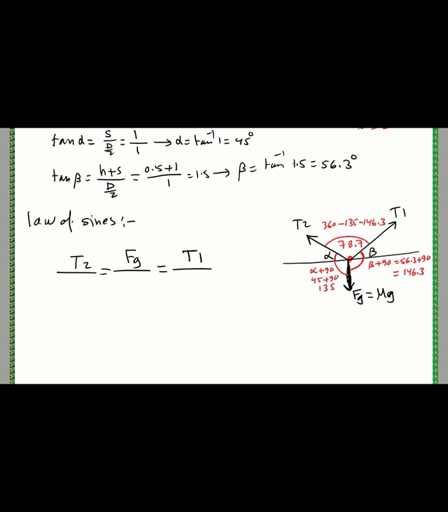So 135 is the opposite to T1. Put here sine 135. What is the opposite angle for T2? Here is T2, and the opposite angle of it is this angle, 146.3. And the opposite angle for the weight is 78.7.